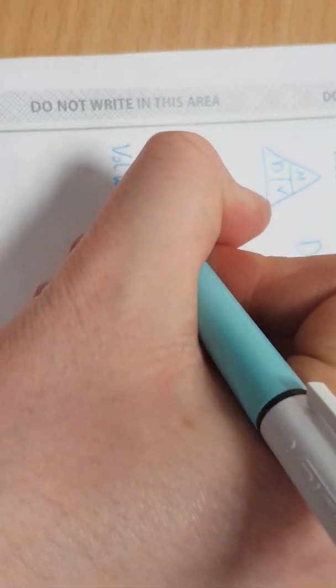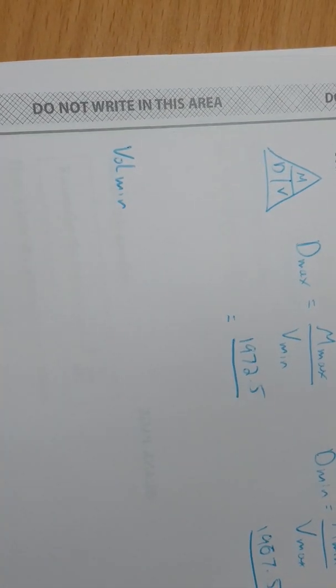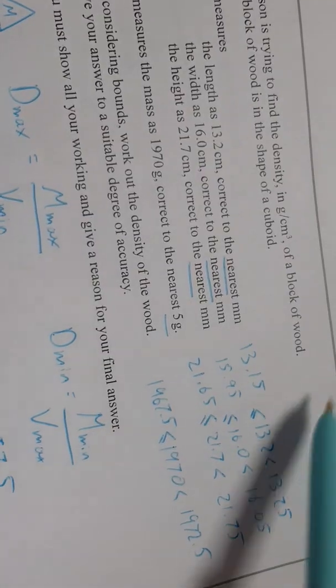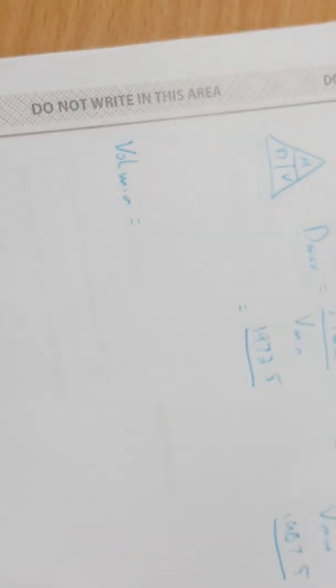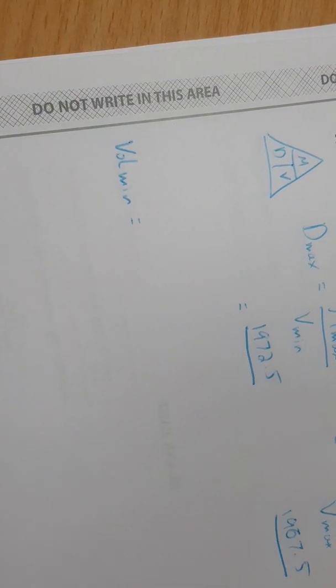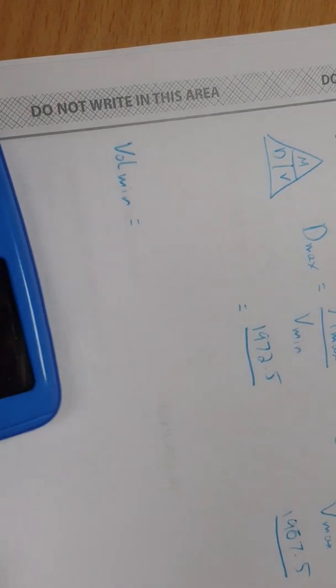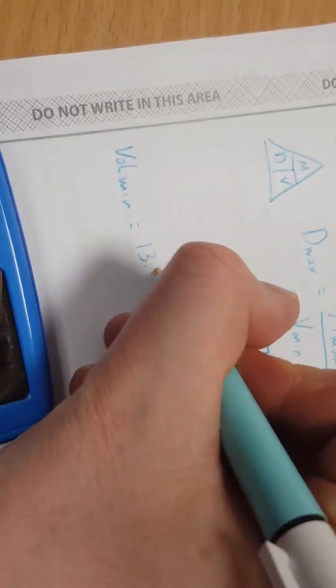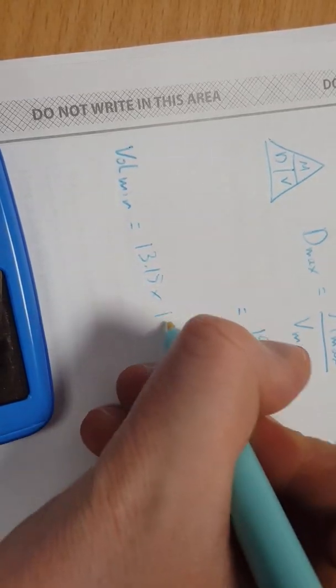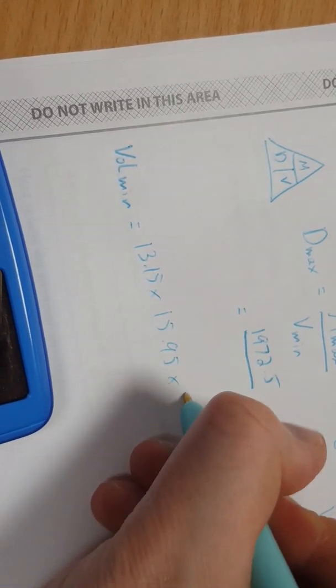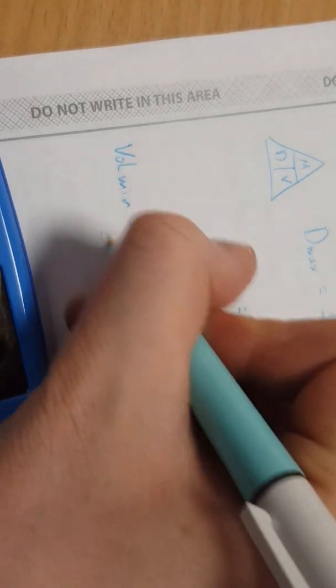To get the minimum volume, got to imagine that each length is the minimum size. So volume of a cuboid, length times width times height. So 13.15 times 15.95 times 21.65.